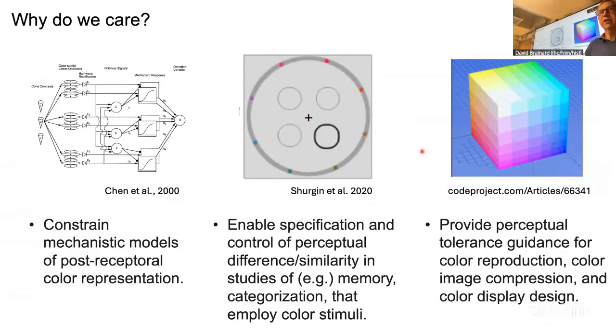And often when one studies those kinds of things, you would like to have a set of stimuli, and people often use color with the hope that you could, in some principled way, say that the perceptual distance between stimuli had been equated, so that you wouldn't misattribute to categorization or attention or memory effects that could be explained by a non-homogeneity of the distances between the perceptual stimuli themselves. So you really want a theory, and particularly a metric theory, that lets you add distances in a psychologically meaningful way that would support work of this sort.